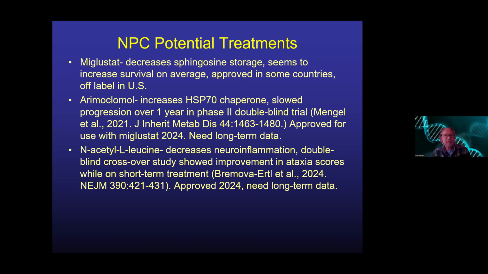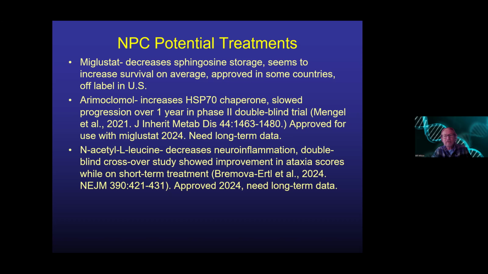And when the people on the placebo arm got switched to the active arm, they got better in their ataxia scores. So it really shows a decent improvement in many patients. But it was short-term, so we obviously need long-term data. These people are all on open label extension, so we'll see if the treatment effect is maintained over time to know which of these therapies is the best.